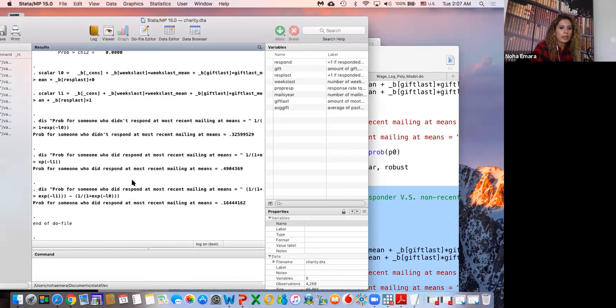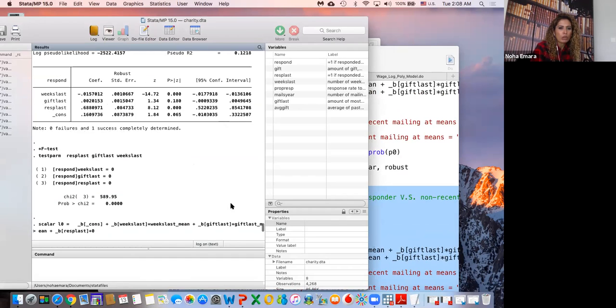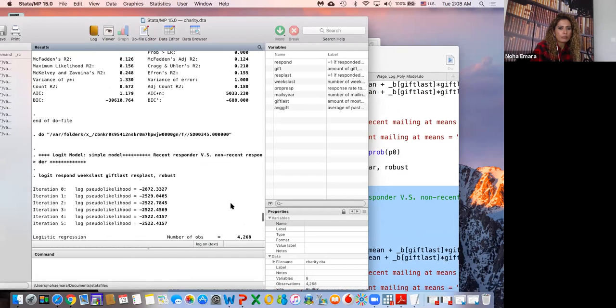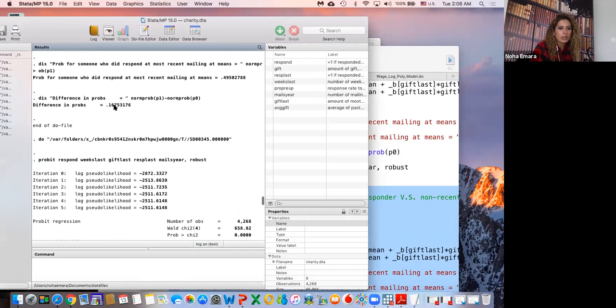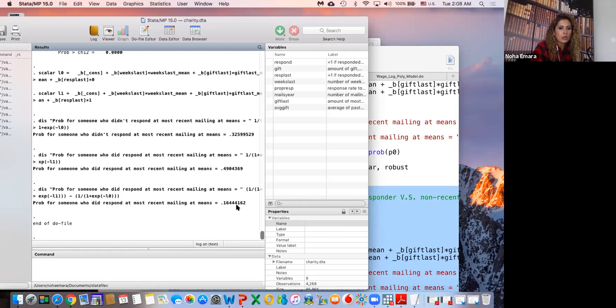Now, if he did respond, then it's a higher probability, about 49%. The difference in probability is 16.44. It's very close to what we got for the probit model. We got 16.75 versus here we got 16.44, which is very close.